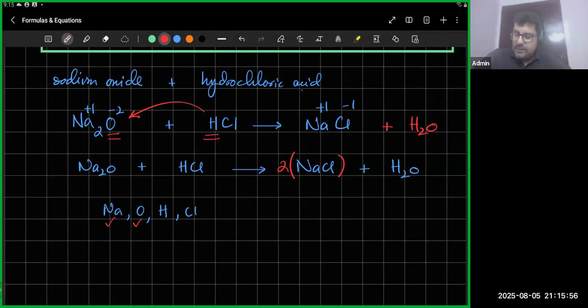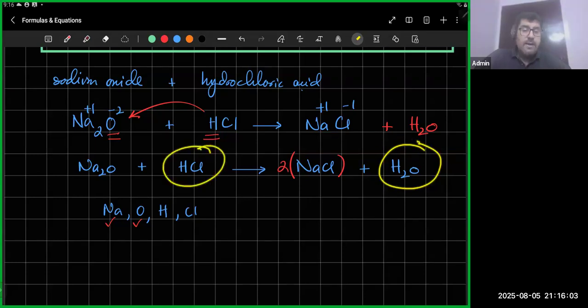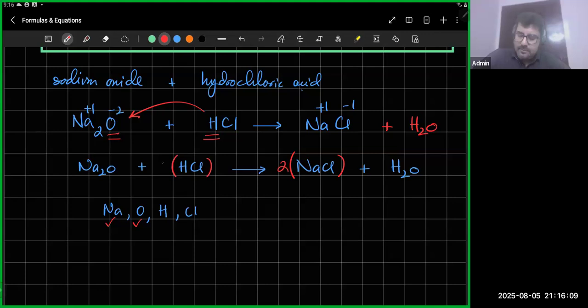Let's come to H. Look at H. There are 2 H's, and here there's only 1 H. So I've got to balance that, right? So I'm going to multiply the whole thing by 2. So H is done. And the last one is Cl. There's 1 Cl, but there are 2 molecules, so that's 2 Cl. So that is also done.